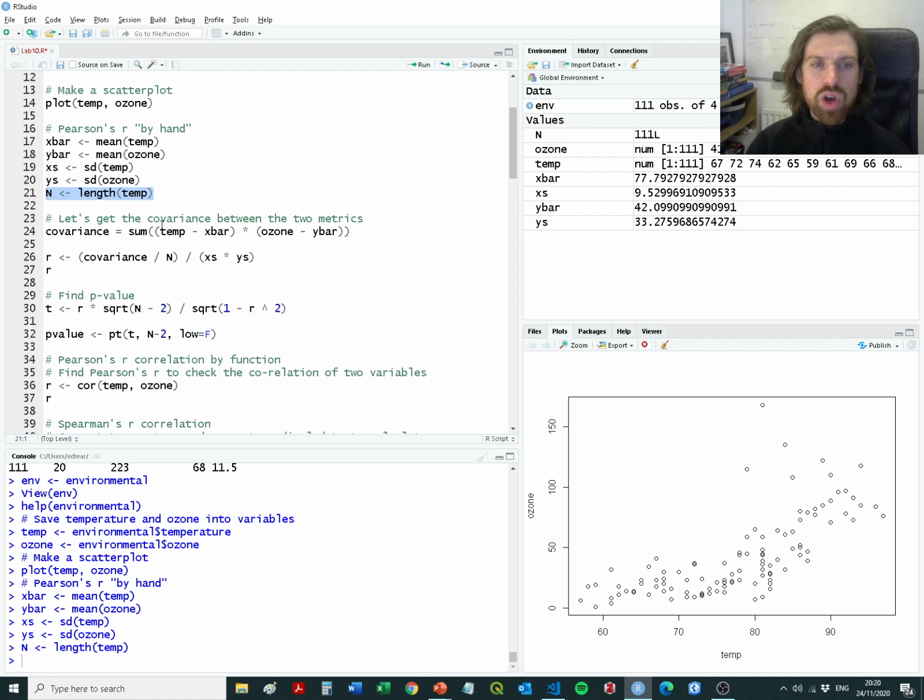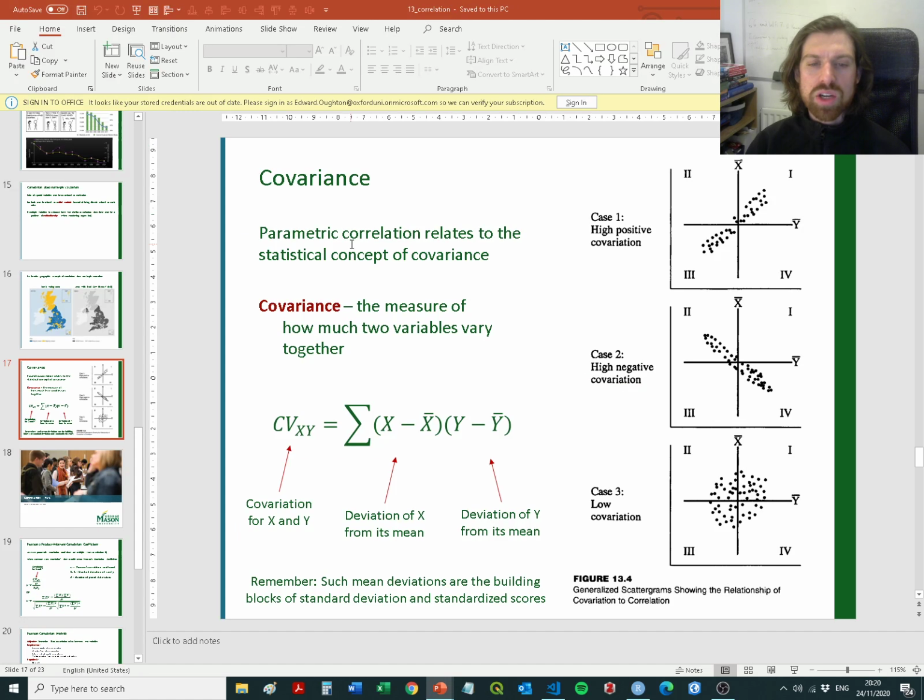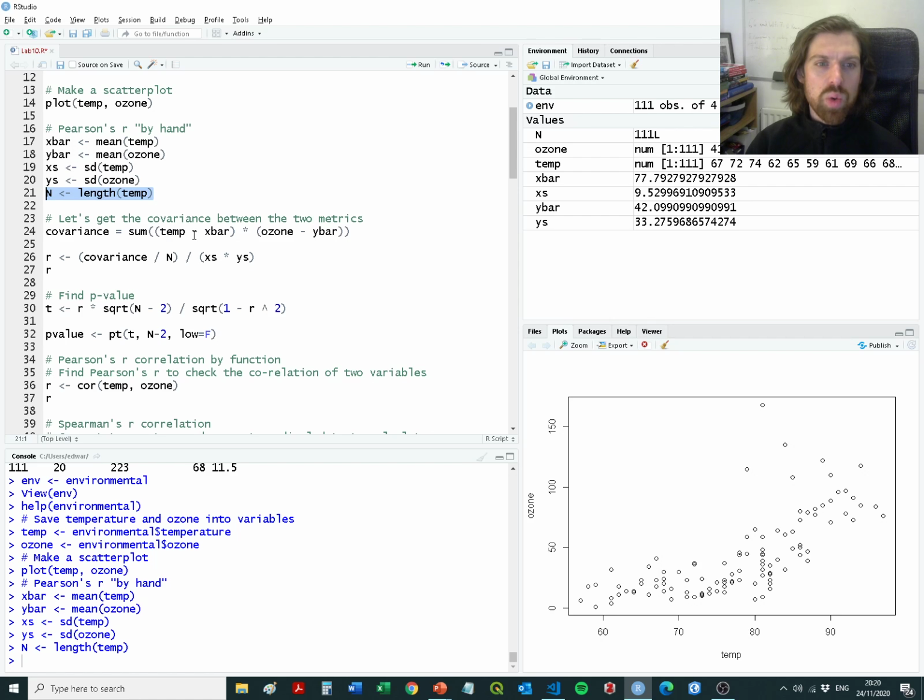So now let's get the covariance between the two metrics. So basically it's this calculation here. So we are subtracting the mean for temperature from every single one of the data entry points within the temperature vector. And we're subtracting the y bar, which is the mean ozone, from every one of the ozone points.